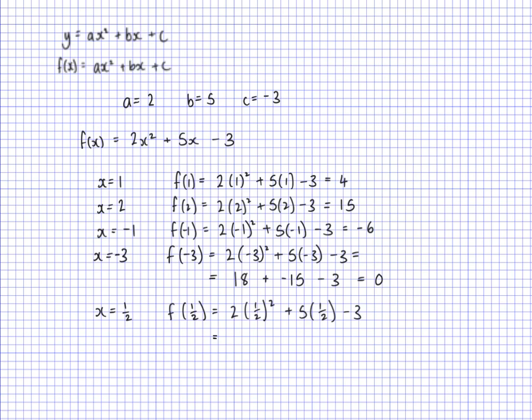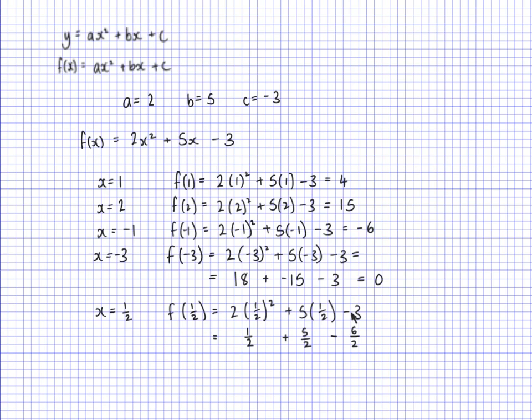Okay, 2 quarters is a half. So this would end up being a half. 5 times a half is 5 over 2. Now this -3, I'm going to make it into a fraction over 2. So it would be -6 over 2. So I can say take away 6 over 2.